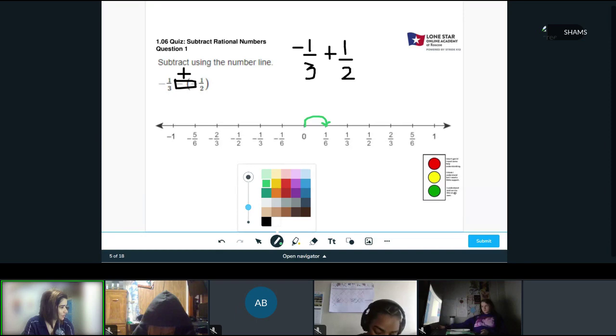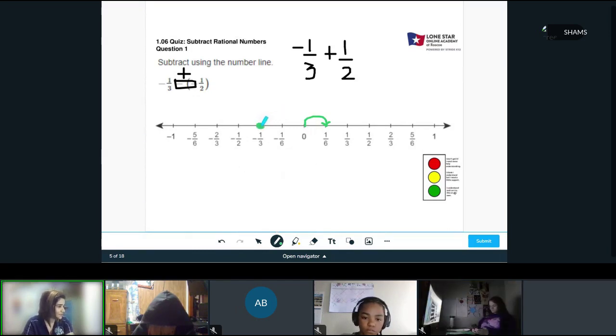Good, Huria, Genevieve, Kaden, Caitlin, Lily, Madison, everybody could mark it. That was good. I'm going to go ahead and mark negative 1/3. Remember, it's a negative number on the left side. Here is negative 1/3.